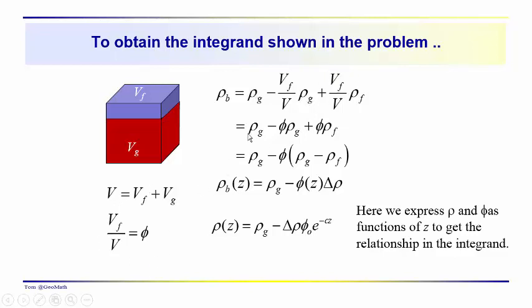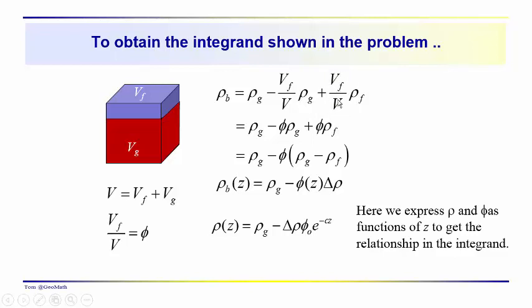Recognizing this relationship, the bulk density, the density of the total rock with the fluid and the grains taken together, would be equal to the density of the grains minus the porosity times the density of the grains plus the porosity times the density of the fluid. By the porosity, we're just looking at the ratio of the fluid to the total volume.